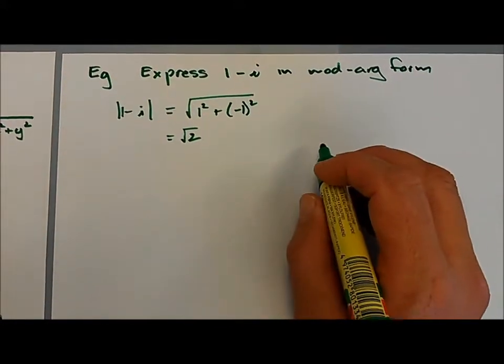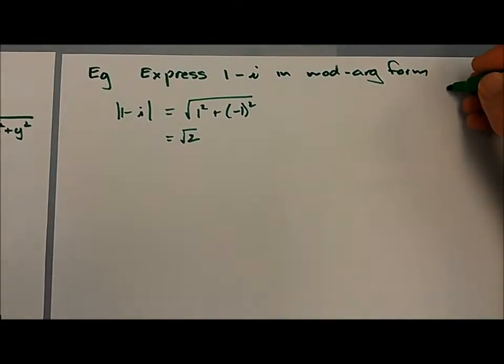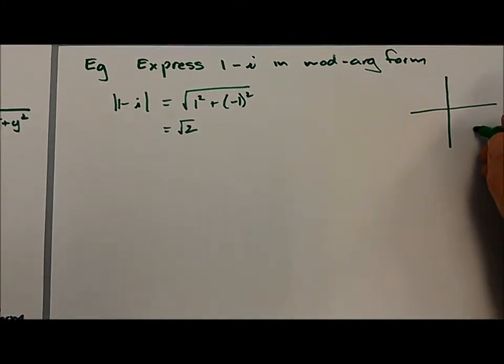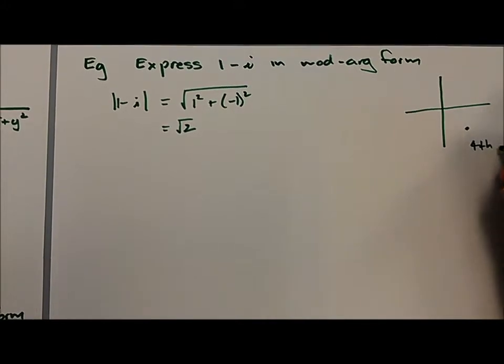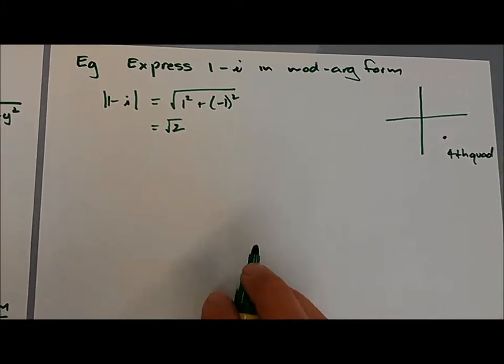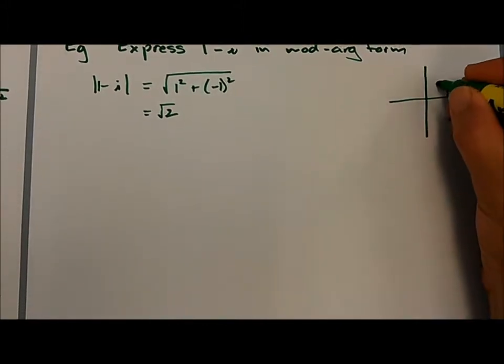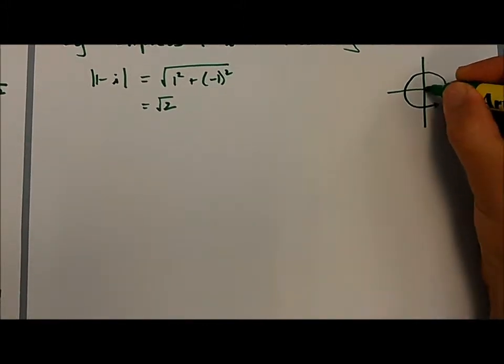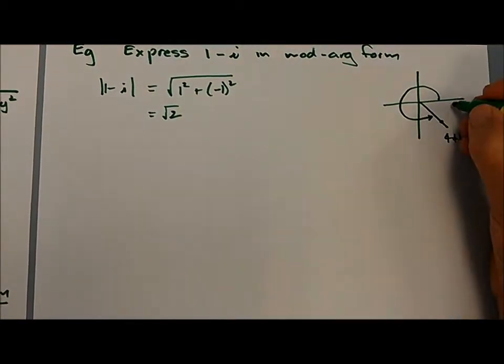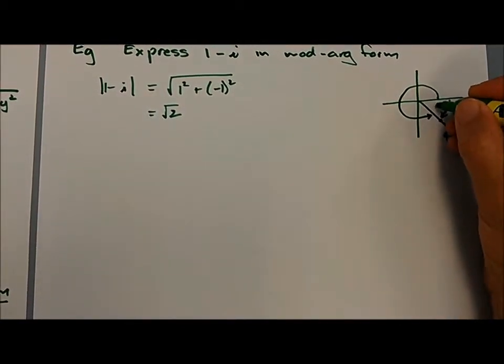Then I need to get the argument. Now, before I do the argument, I always like to know where this point is located. So 1 minus i is located in this fourth quadrant. So I know then that the argument could be thought of as being this angle around here. Alternatively, the argument could also be thought of as this angle in here.